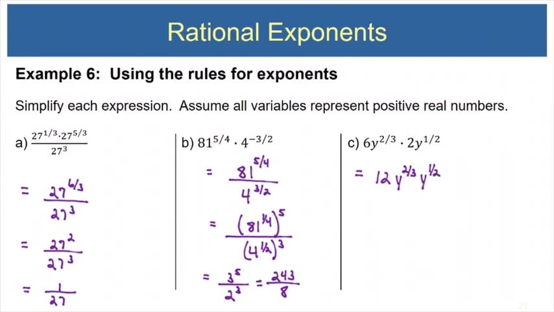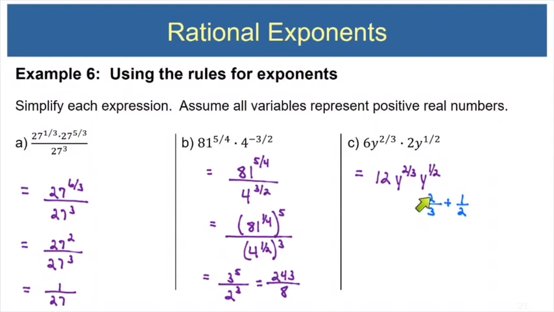So I'm going to need to add 2/3 plus 1/2. And since we're adding fractions, we're going to need common denominators. Now you can look at this and see that the common denominator needs to be 6. 6 is the smallest number that 3 and 2 can both go into. So what would I have to multiply this fraction by to get a 6 in the denominator? Well, I would need to do times 2 over 2 to make the denominator become 6.